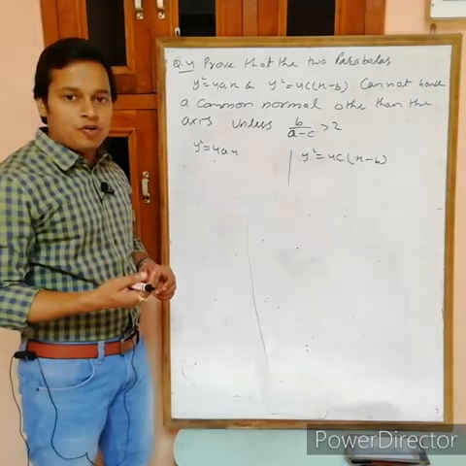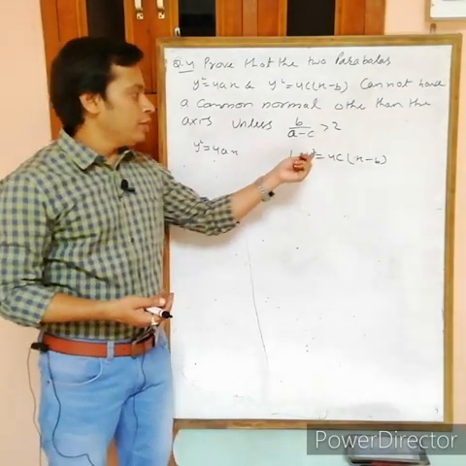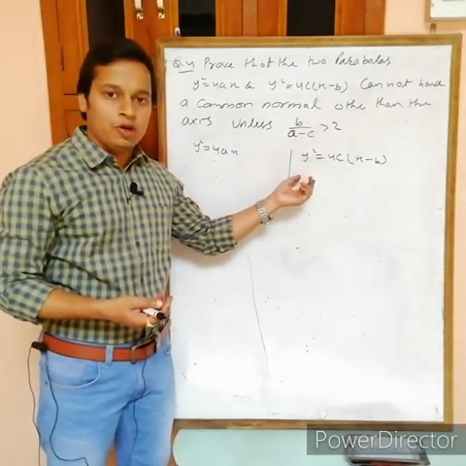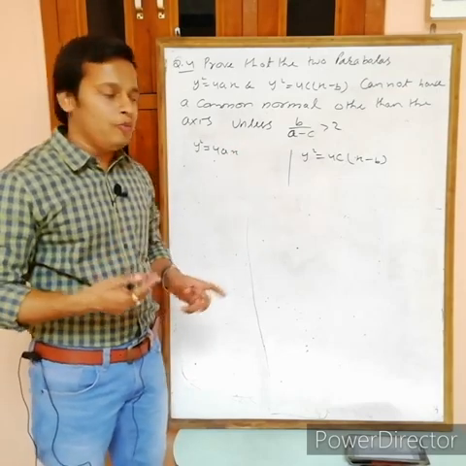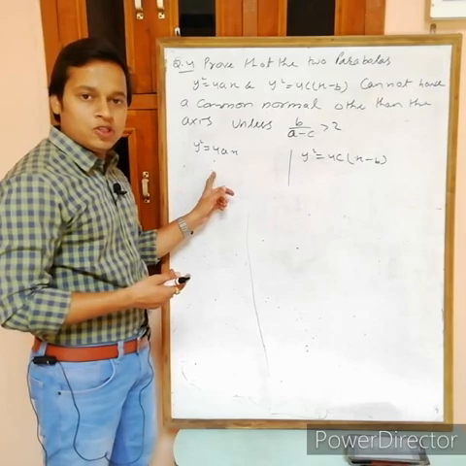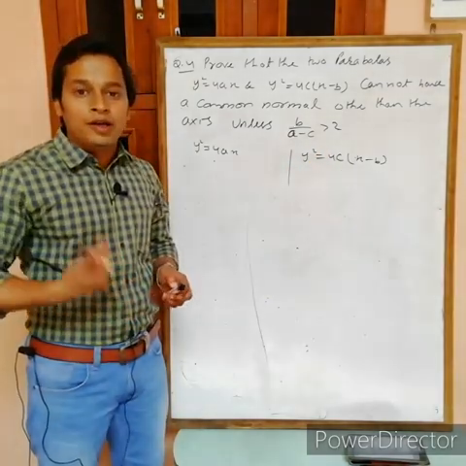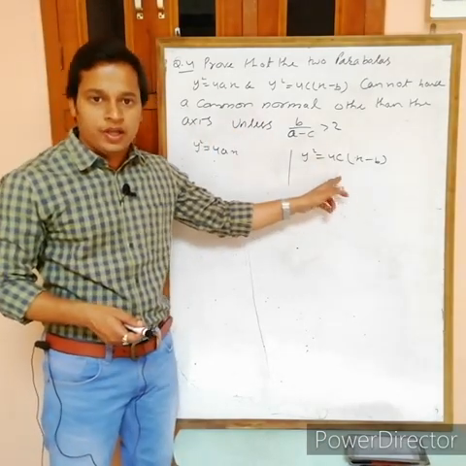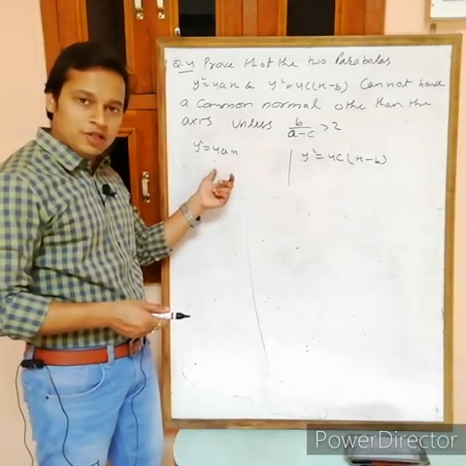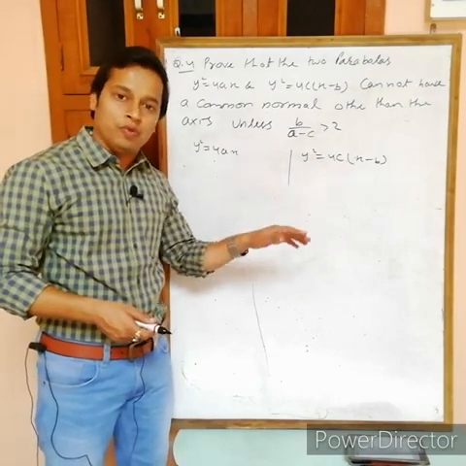If you want the condition for common tangent, first write the equation of tangent for this parabola, then for this parabola, and at the end compare both. If you want the condition for common normal, write the equation of normal for this one and for this one, then compare both. If you want the condition such that a tangent of this parabola becomes normal to this one, then find the equation of tangent for one and the equation of normal for the other, and compare both.